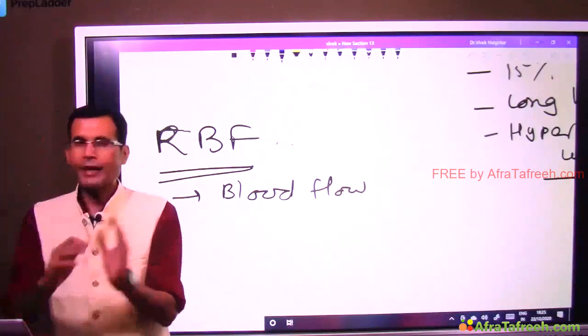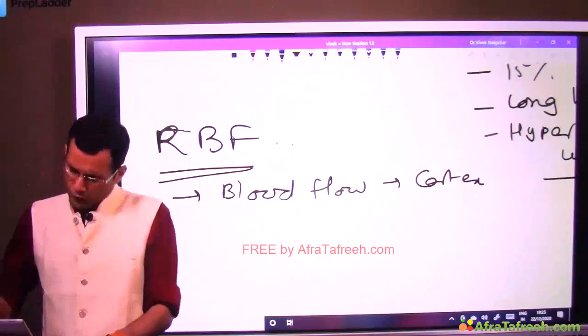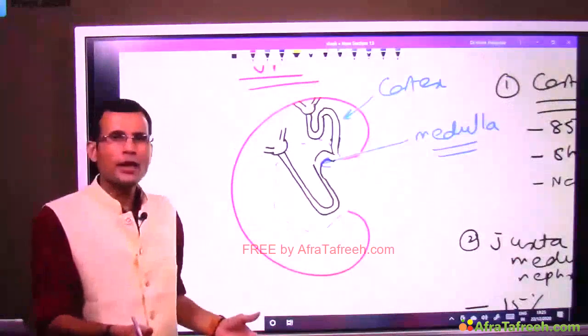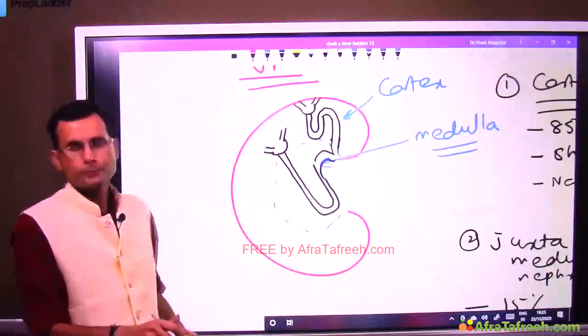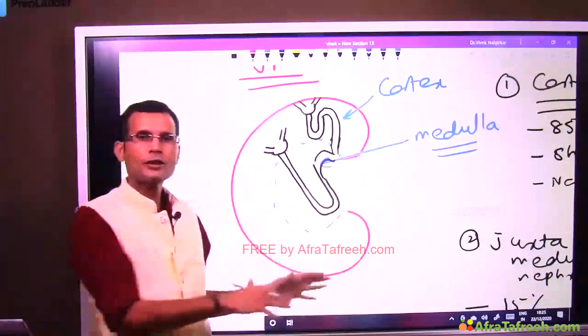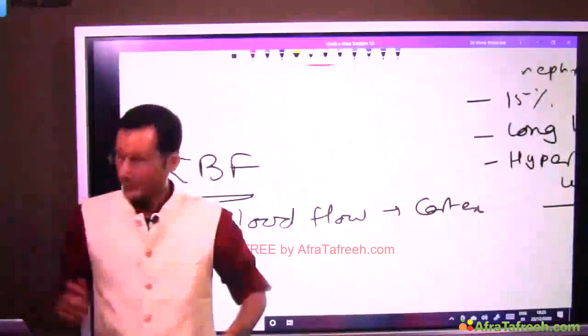Maximum, majority fraction goes to the cortex, which is quite easy to understand because all the glomeruli are situated in the cortex. If you see fraction wise, greatest fraction is in the cortex and small fraction in the medulla. The blood flow comparison.